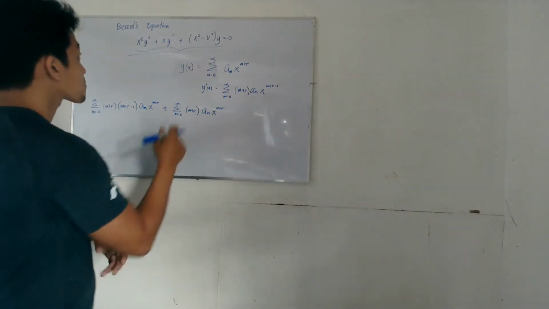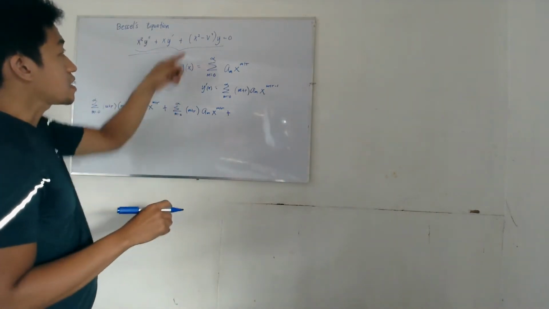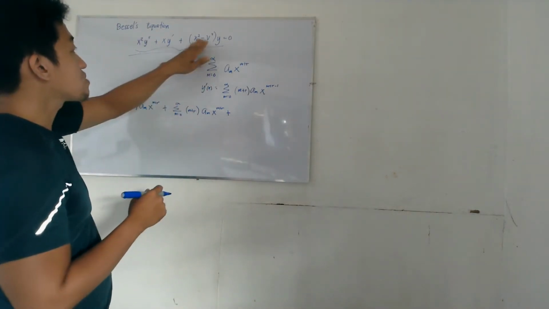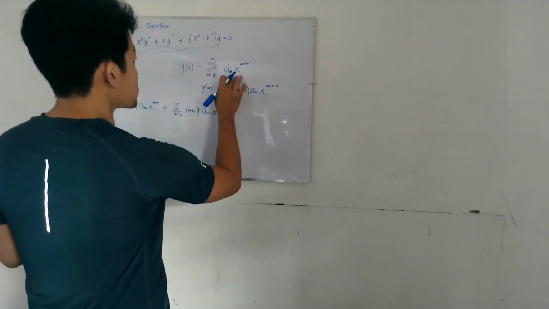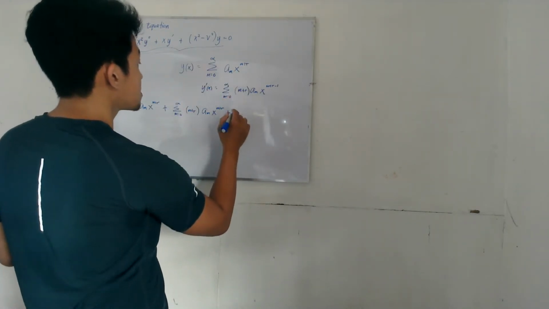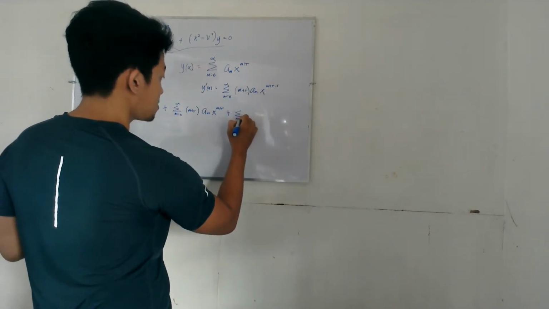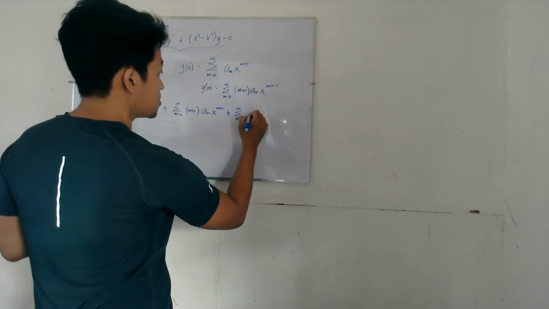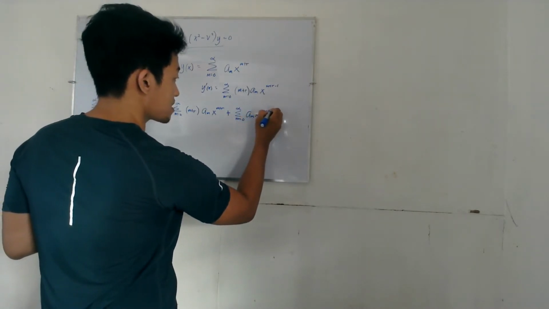And then plus x squared times y. Multiplying by x squared, we get the summation of a_m x to the m plus r plus 2.